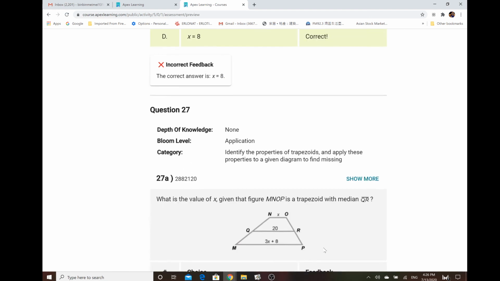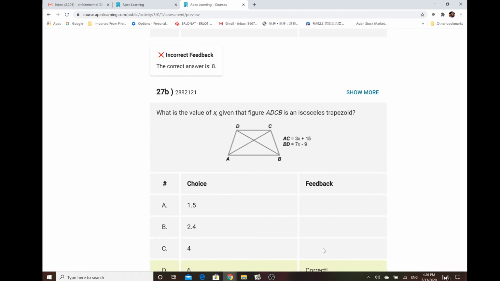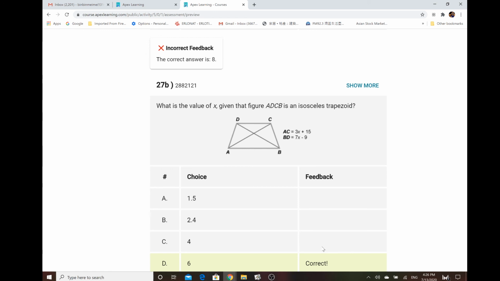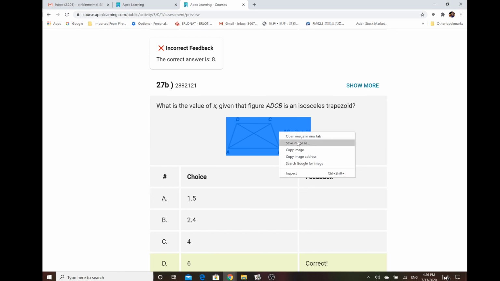The rest of these are quite similar. Now 27, what's the value of x, given that figure ADCB is an isosceles trapezoid? AC is 3x plus 15, and BD is 7x minus 9. We can set those two diagonals equal to each other, because it's an isosceles trapezoid. Let me highlight the figure, copy and paste.